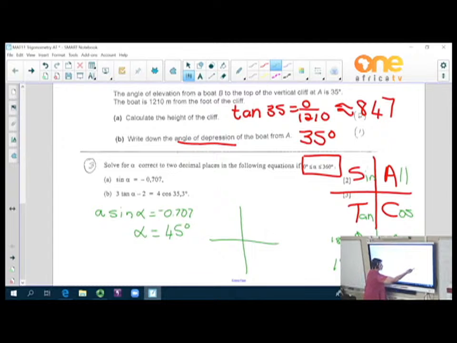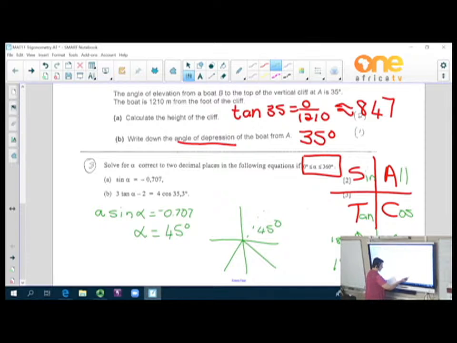So if sine is positive in all and sine, it means this is where it is negative. This angle of 45 degrees is your key angle. It's not part of the final solution. It's your key angle. This is the two angles that we need to get. And how do we get them? Butterfly story.